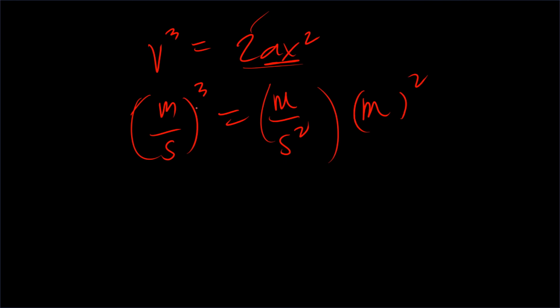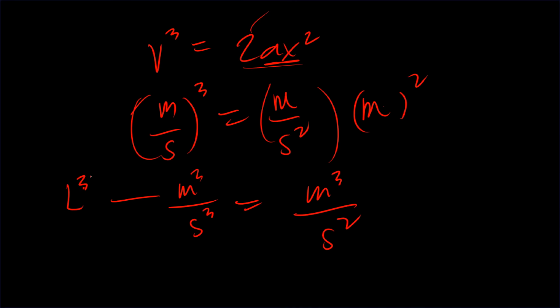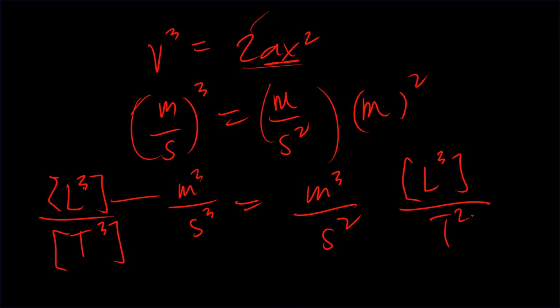So, kung titignan natin dito, we have here meter, cubic meter, and then second, cube ng second, and then equal to, so meter times square meter, so we have here cubic meter over second squared. So, kung titignan natin dito, yung dimensions niya, we have here length, and then naka-cube siya, and then dito naman time, which is also raised to 3. Sa kabila naman, yung length natin is raised to 3. Sa ilalim naman, yung time natin is raised to 2. So, makikita natin dito, magkaiba.